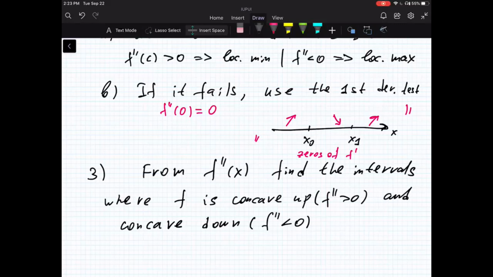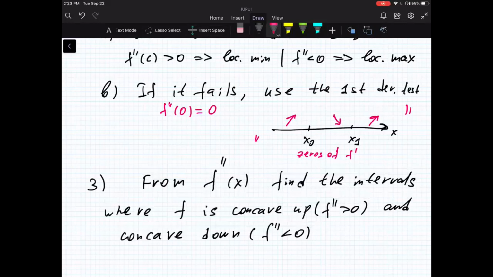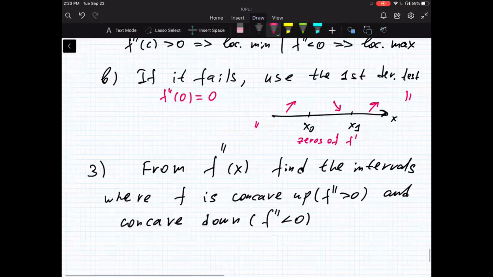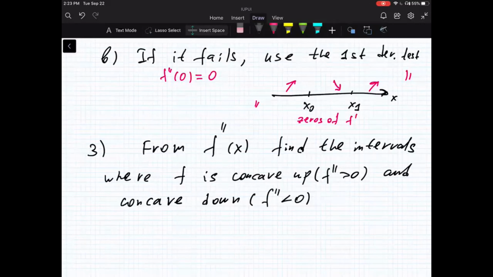This is the first derivative test. And from the first derivative test, of course, you can determine where the function has a local minimum or maximum.